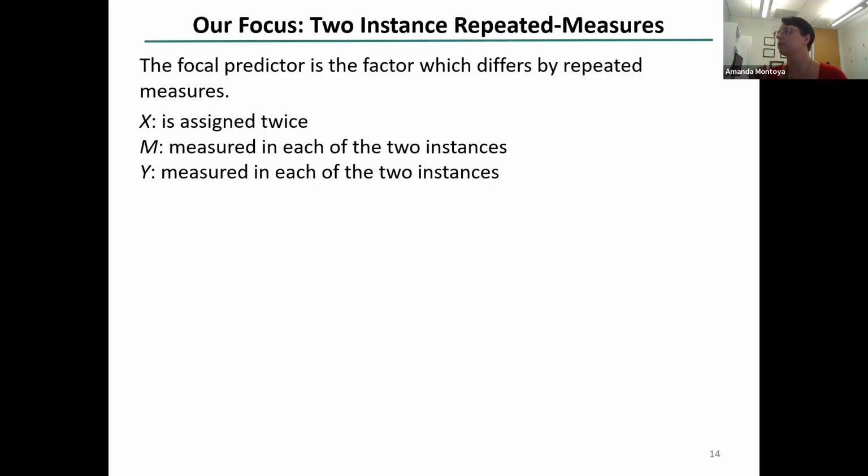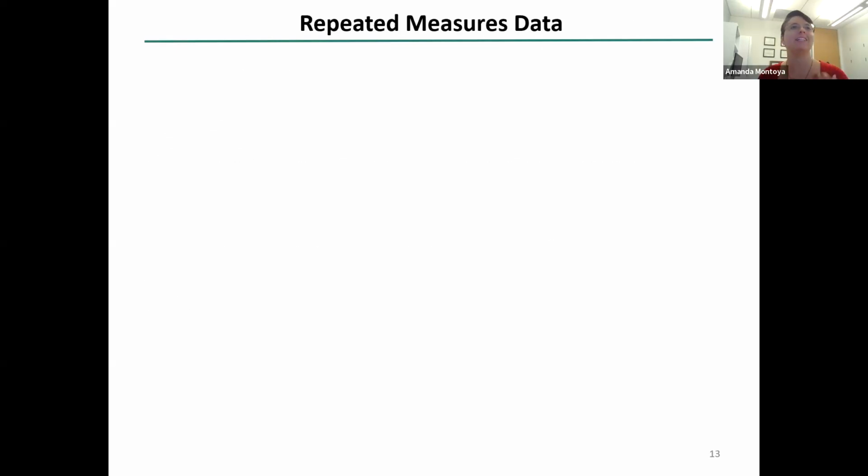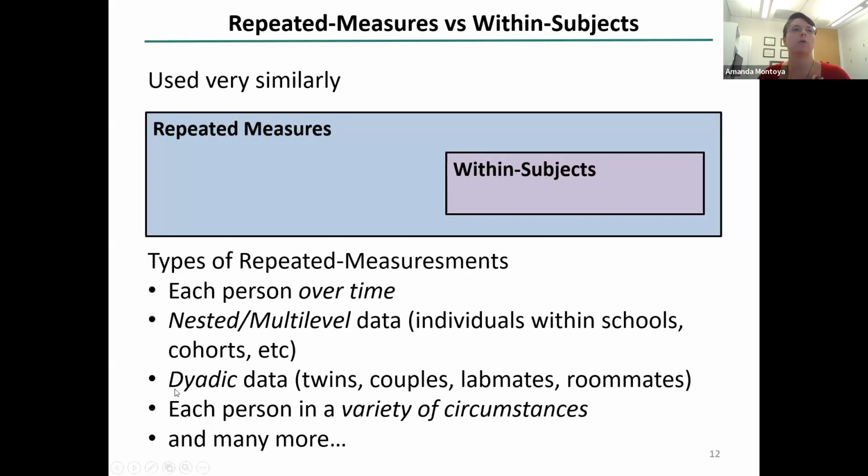Question: I thought when you said repeated, time is repeatedly measured, schools and dyads are also repeatedly measured without considering time. Yes, you could measure schools and dyads across time, which is doubly repeated. But when we think about dyadic data, if we think about a set of twins as something that we measure, and we ask each twin a question, then we are measuring that twin set repeatedly.